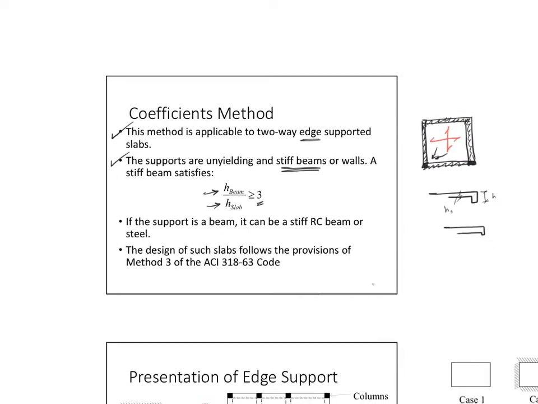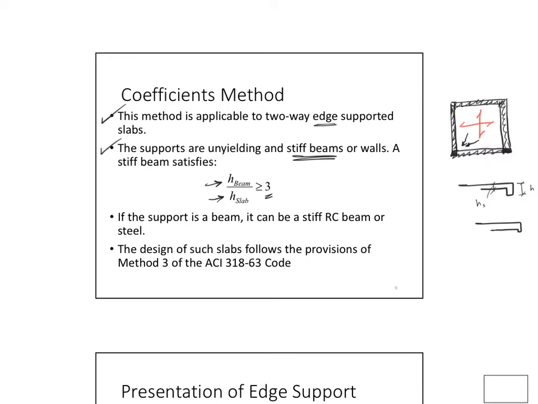And then the third condition is that the design of such slabs follow the provisions of Method 3 in the ACI 318-63 code. Remember that those beams could be stiff RC beams or steel beams as well. And in this case, when we talk about steel beams, we also talk about that nice ratio of EI for the beams divided by EI for the slabs.